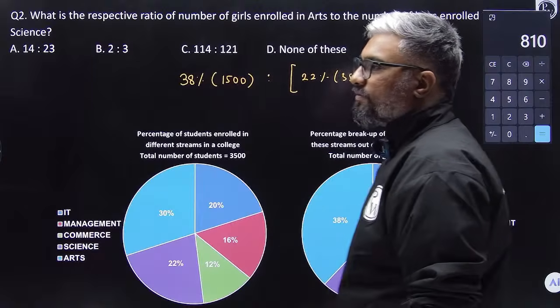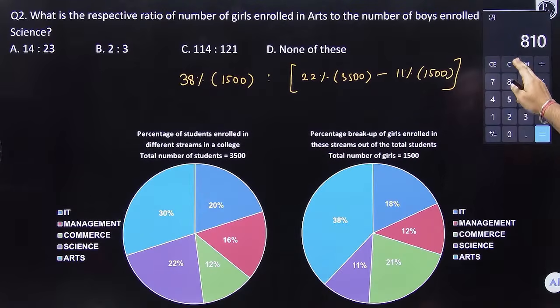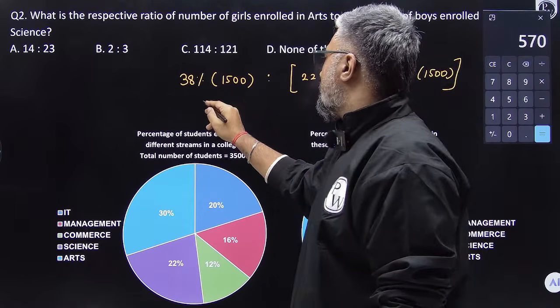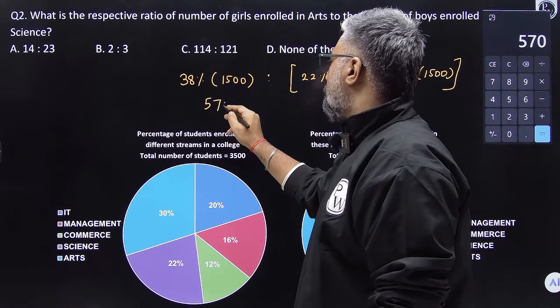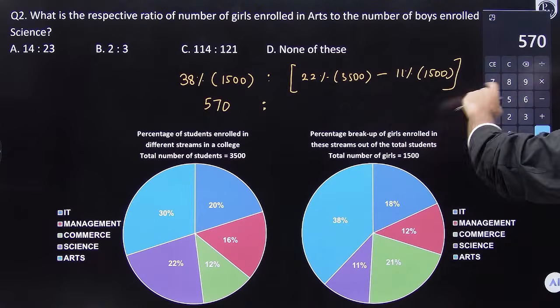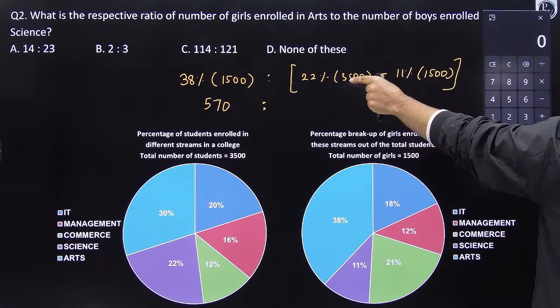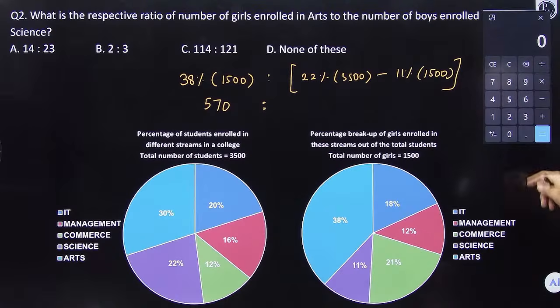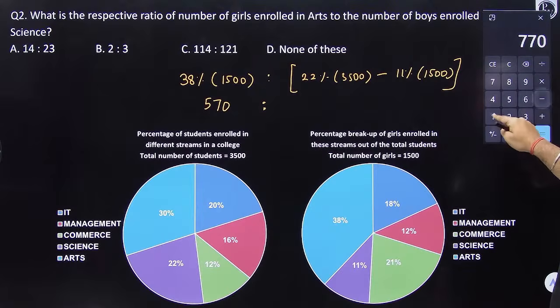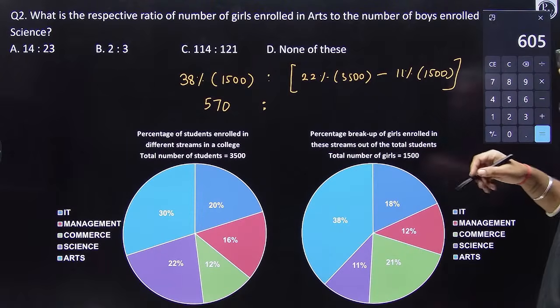You do this bit of calculation and you're already there. So that's 38 into 15, giving us 570. And on the other side, 22 into 35 is 770, minus 11 into 15 is 165. I subtract this, I get 605.